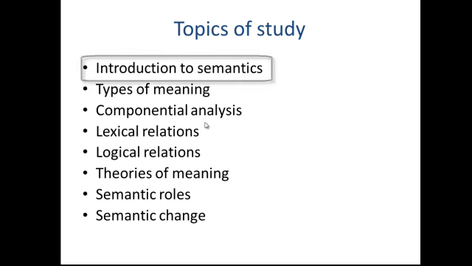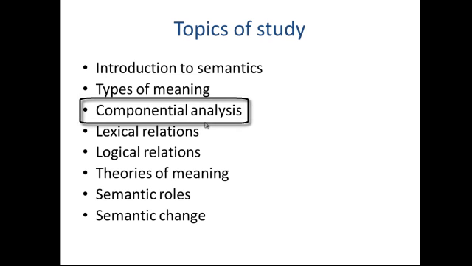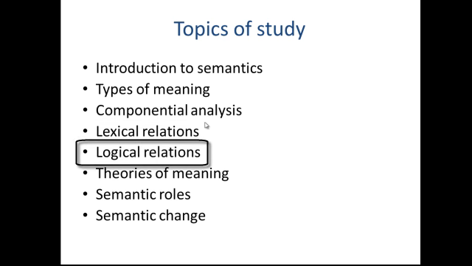Firstly, we're going to look at Introduction to Semantics. So as a course or as a branch of linguistics, semantics is going to be introduced. And then from there, we will move on to look at the types of meaning, and we'll also discuss componential analysis. And then the next topic will be lexical relations, and we'll move on to talk about logical relations.